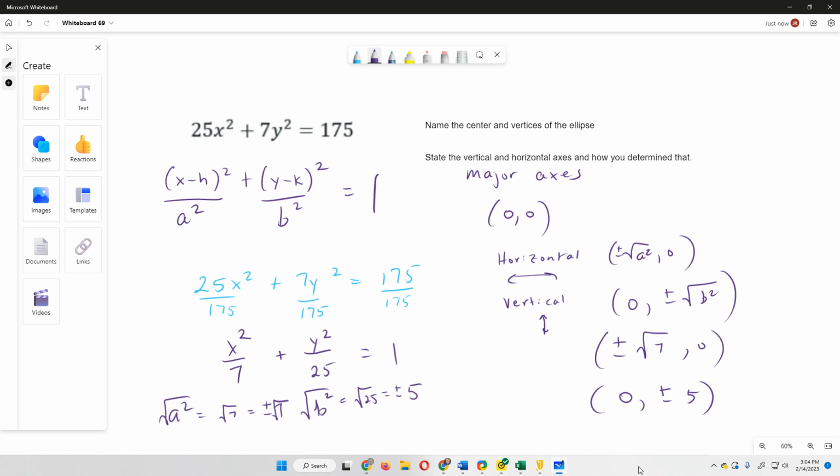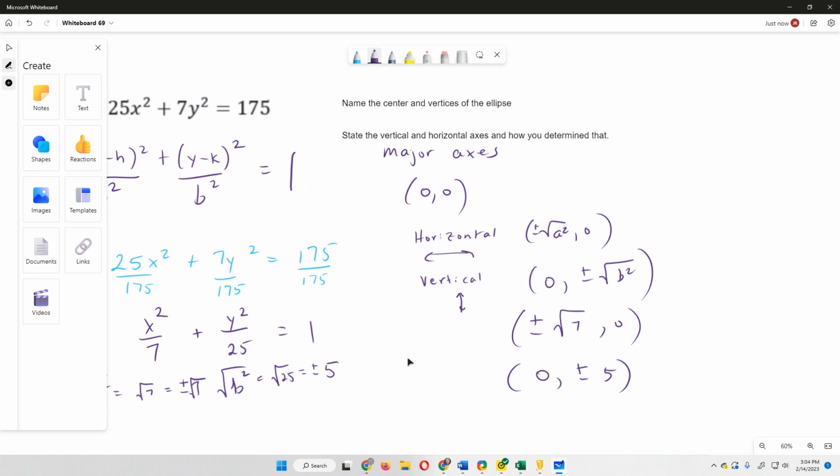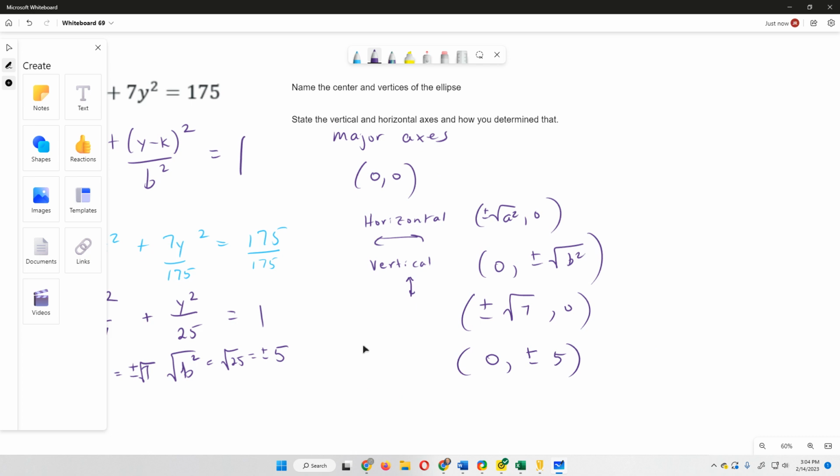So the only other thing we need to know is what is the major axis. The major axis is the axis where the vertices are furthest apart. You can graph this out on something like Desmos or GeoGebra, but we can figure this out. This one's pretty simple.